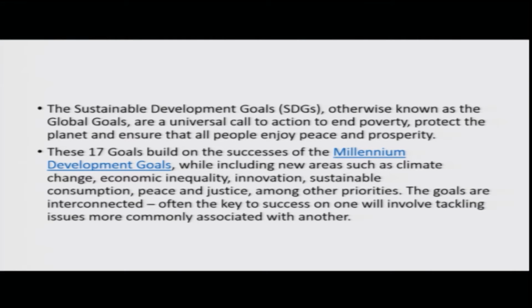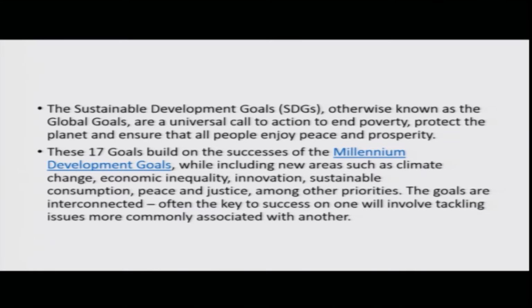The Sustainable Development Goals, SDGs, otherwise known as global goals, are a universal call to action to end poverty, protect the planet and ensure that all people enjoy peace and prosperity. That is, it is supposed to be global in its scope.